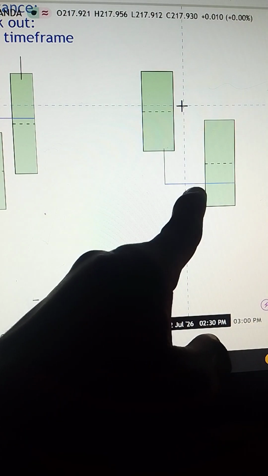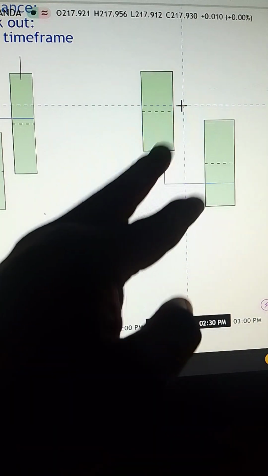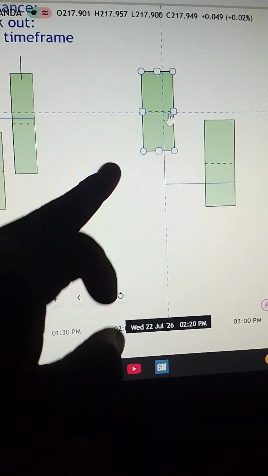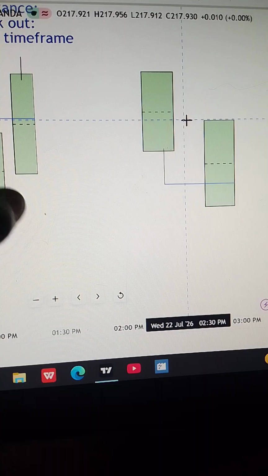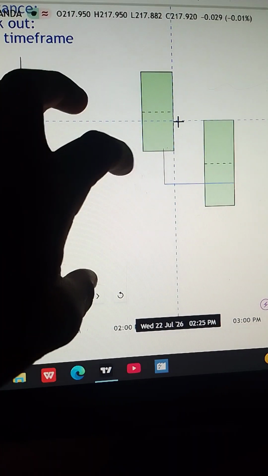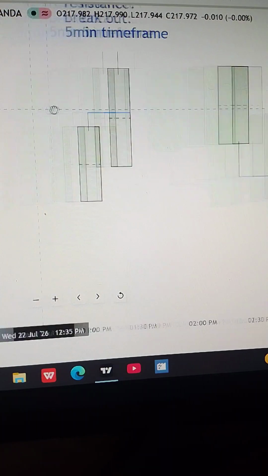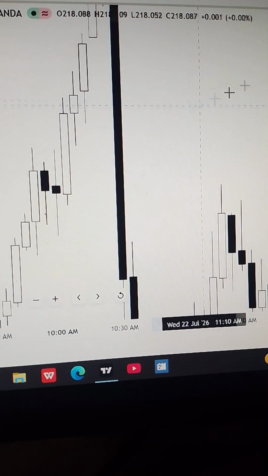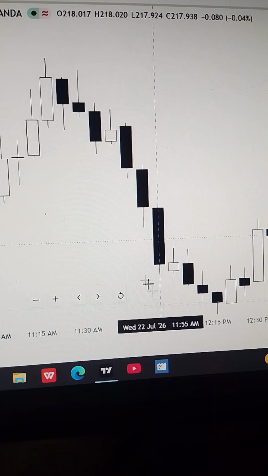So that is a breakout. A breakout is when the candlestick closes above or below the previous candlestick's wick. So now this is on the lower time frame. On a higher time frame, on the daily time frame, that is the bias.